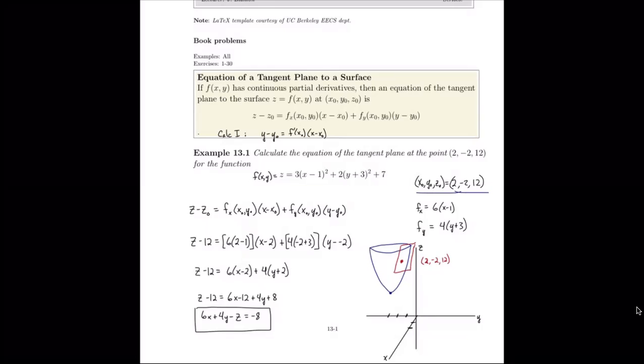So x naught, y naught, z naught. Fill in this formula as we see here. Here is evaluation at x naught, y naught, evaluation at x naught, y naught. This is z naught, its role as well. And we have x minus x naught, y minus y naught in those components.